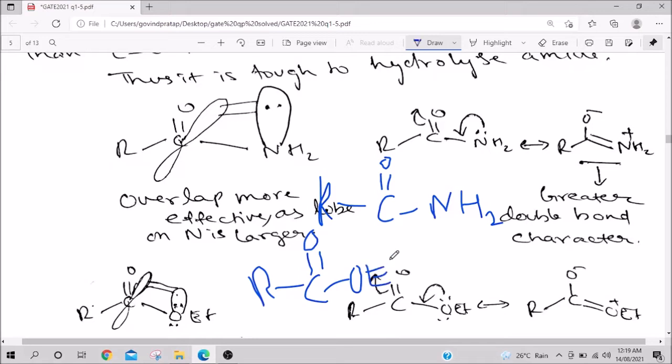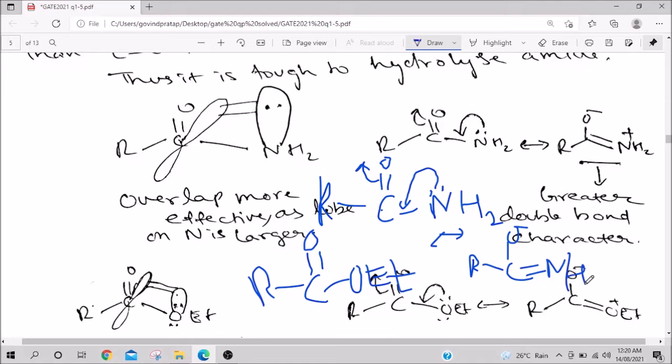Right. So, now what is happening here, nitrogen has a lone pair of electrons. It conjugates, it basically overlaps with the carbon p orbital, and then you get something like this: R, C, O minus, double bond NH2 plus.